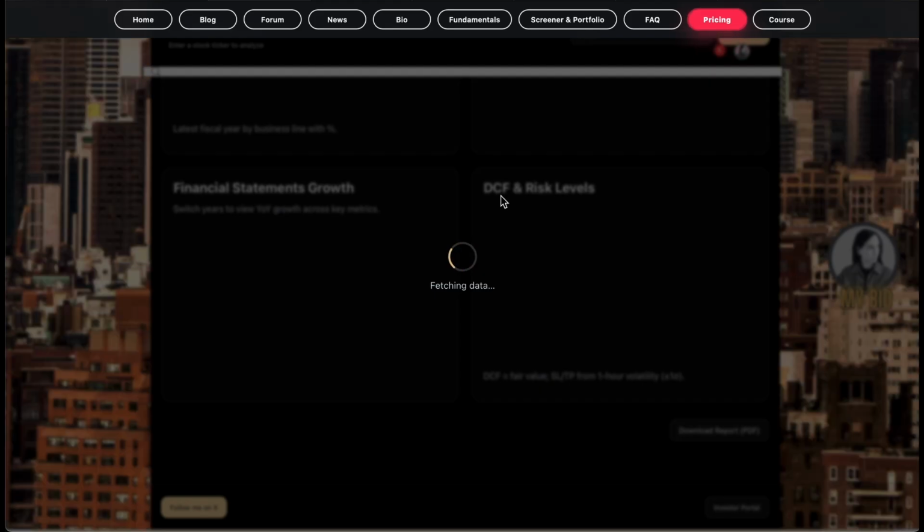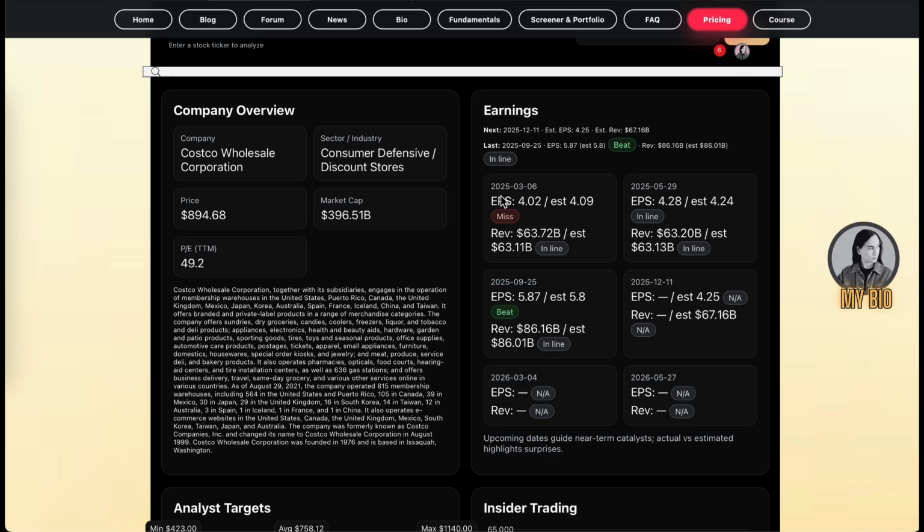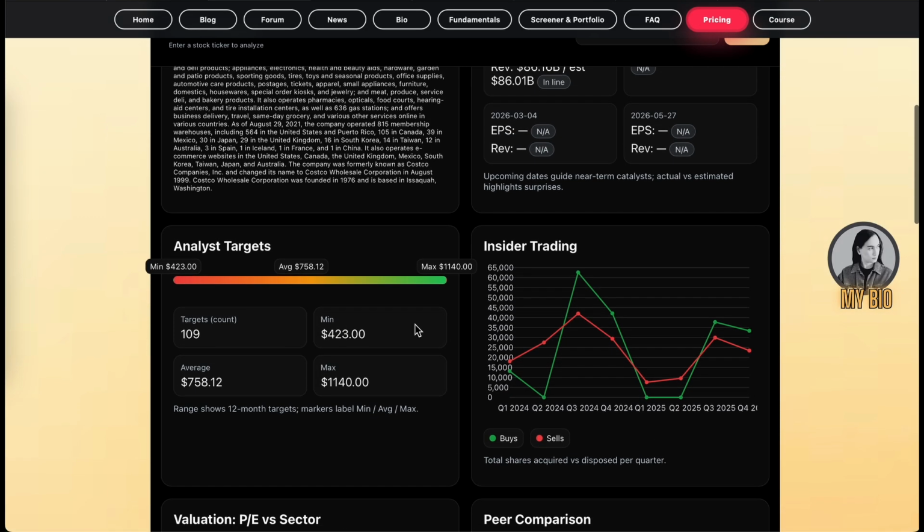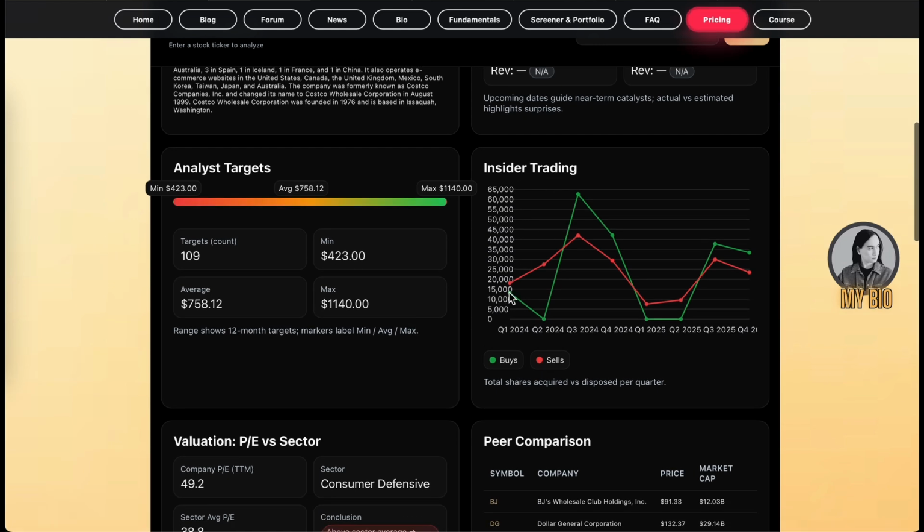Our main goal is to pick the best share among closest peers. Again, we are ignoring this part for now. We will get back to it in the next section. And now you see insider trades, buys and sells are more balanced. So you see 65,000 shares were bought, 40,000 shares were sold.